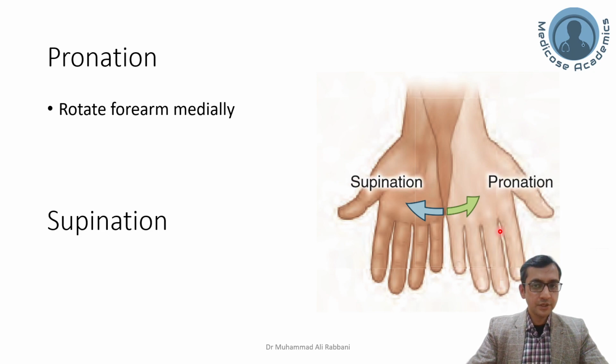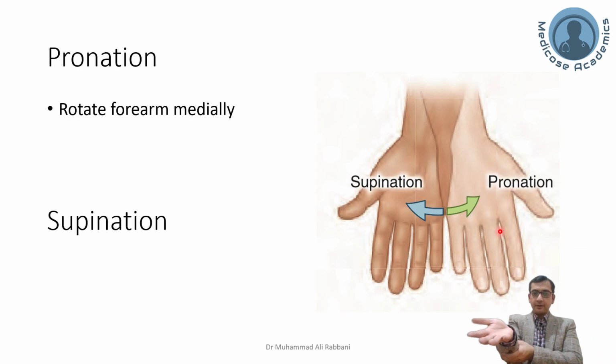Then comes pronation and supination. As you can see, you can place your hand like this and move it like this and this. This is happening at the joints present here and here, the superior radioulnar joint and the inferior radioulnar joint. In the anatomical position, with the palm facing anteriorly or superiorly, that is the supinated position.